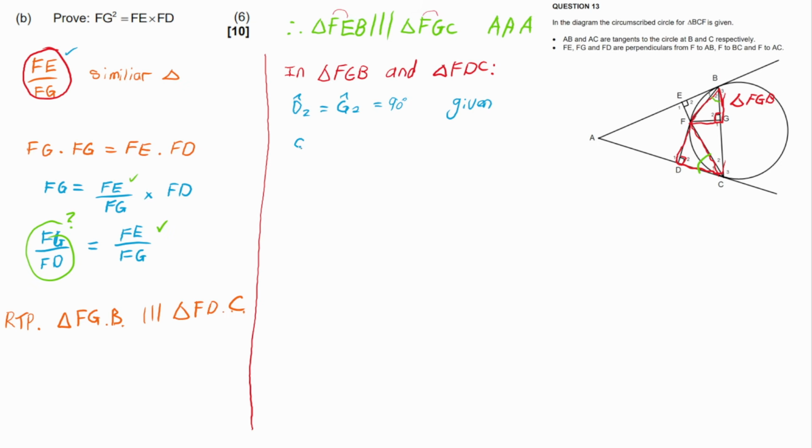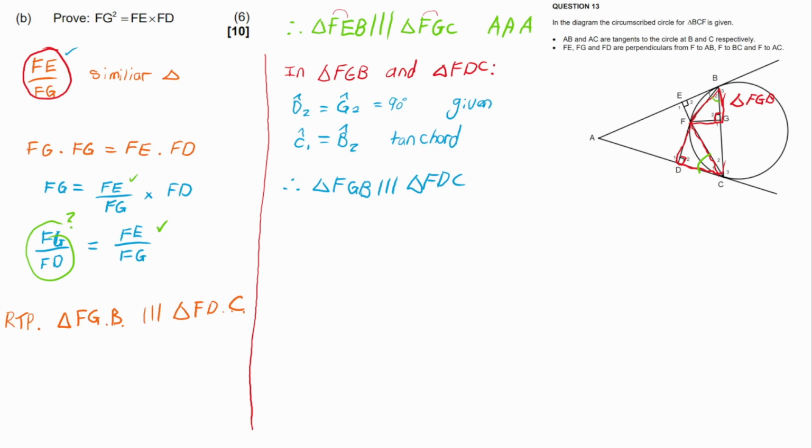Also, I know that C1 is equal to B2, and the reason is tan chord theorem. Therefore, triangle FGB is similar to triangle FDC.